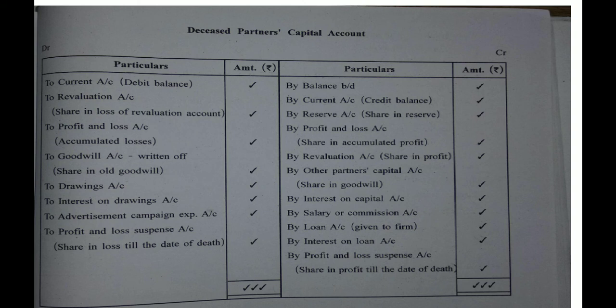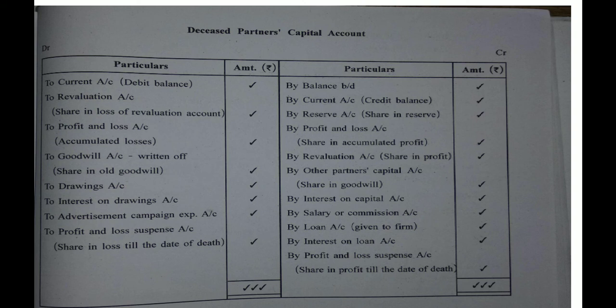Then further, by other partners capital account, this is share in goodwill, the journal entry that you write down for the adjustment of goodwill, if you remember. Yes, so this is the posting for that. The amount payable to the retiring partner, here is the amount payable to deceased partner.